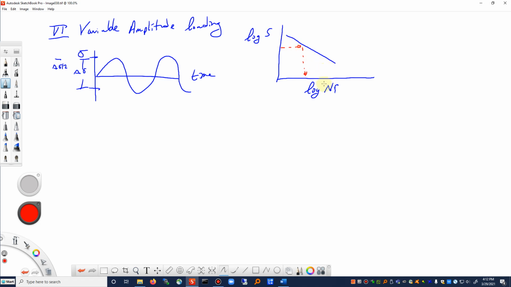Well, determining cycles and what constitutes an up and down in variable amplitude loading is sometimes kind of difficult. If we were to take a look at a variable amplitude loading history, we have sigma versus time, and whether or not we start at zero, we can say that we do. Kind of bounces around.